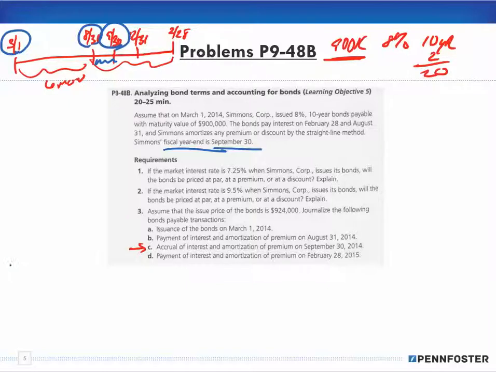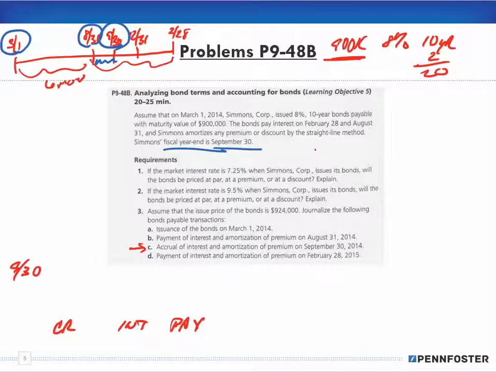Now, we're not paying out the interest, we're accruing it. So that means we're going to credit interest payable because we're still going to owe that money.